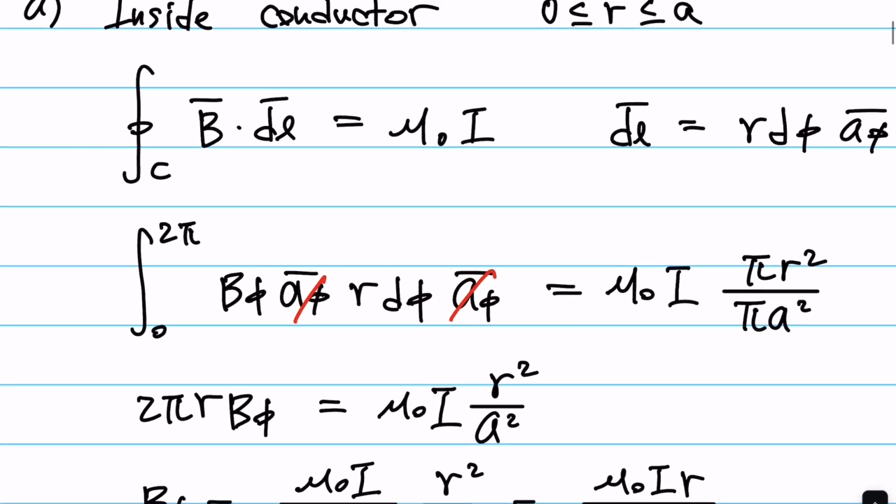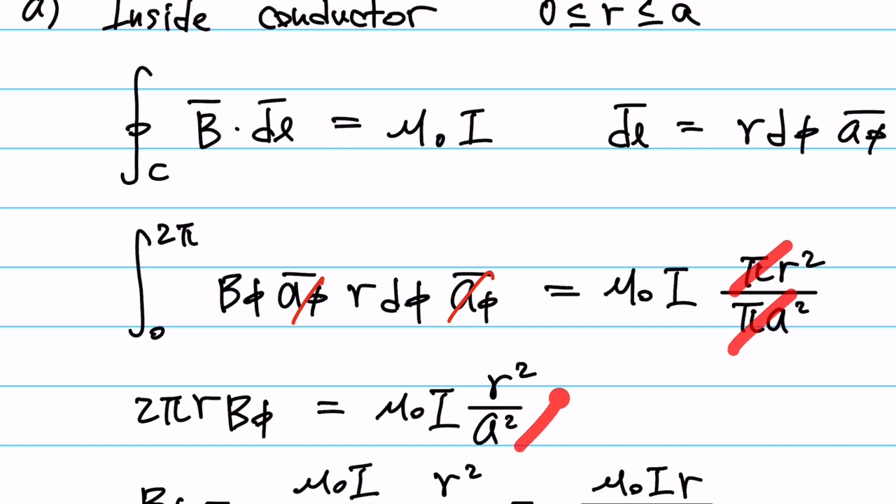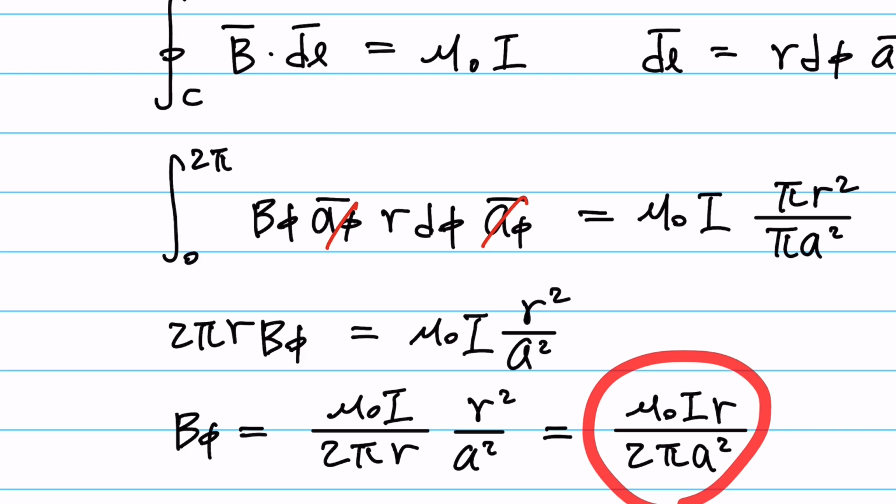So that's a general expression of the current, and if you do this calculation, you get 2 pi r B phi equal to, these pi's will cancel out, so you get r squared over a squared as shown here, and if you solve for B phi, you get this expression, where the B field, the magnetic flux density in the phi direction, is going to be proportional to the amount of current flowing, and the r, the location indicating the amount of current flowing inside the center conductor.